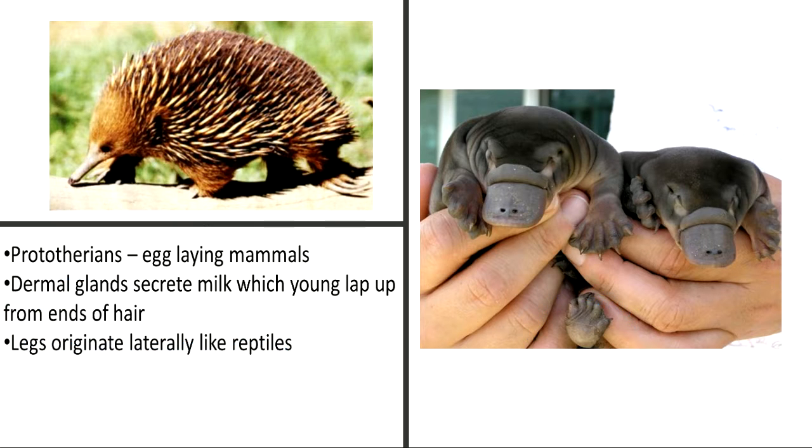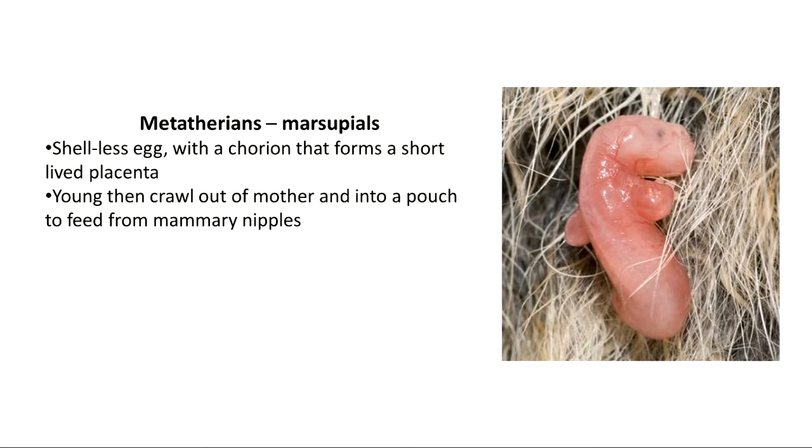Another group of mammals are the metatherians, also known as the marsupials. They don't lay an egg. They have a shellless egg inside the body, and it has a chorion. Remember, I discussed what a chorion was last week. That chorion becomes a short-lived placenta.